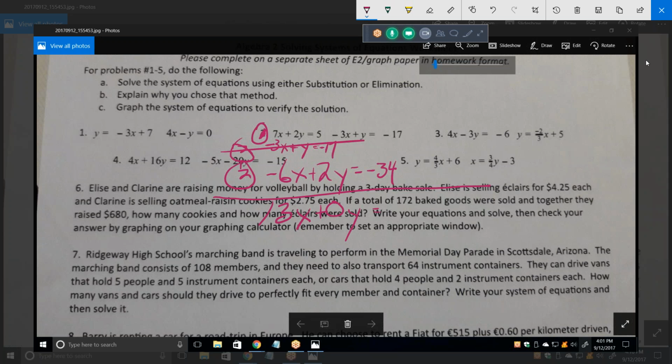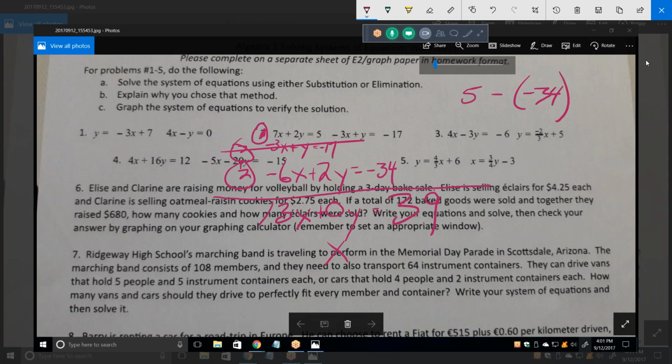Hold on, it's 5 minus a minus 34. That's what we're doing. So then it's 39.